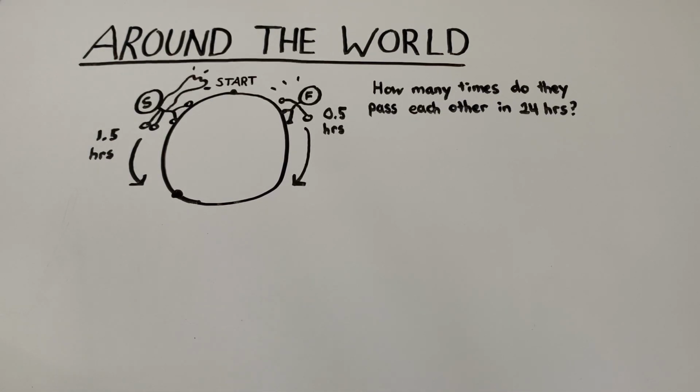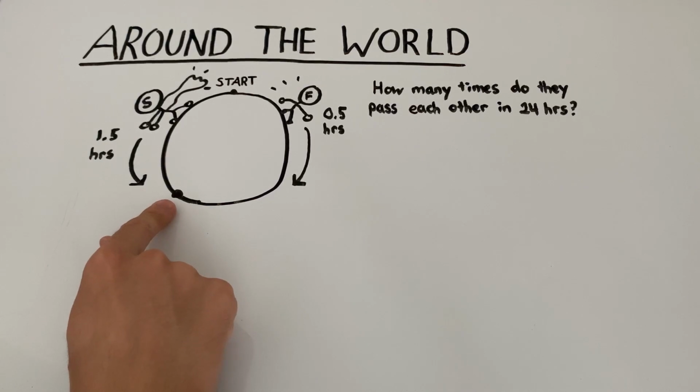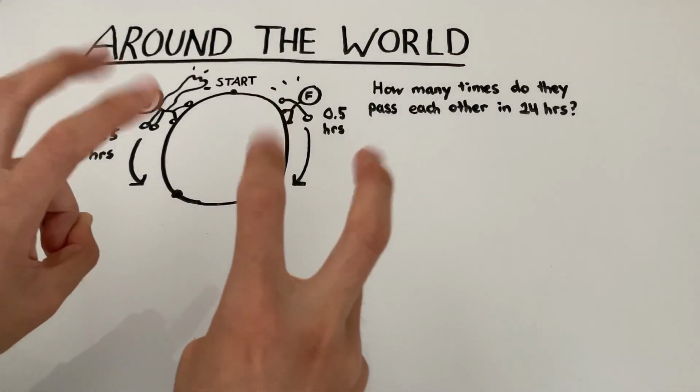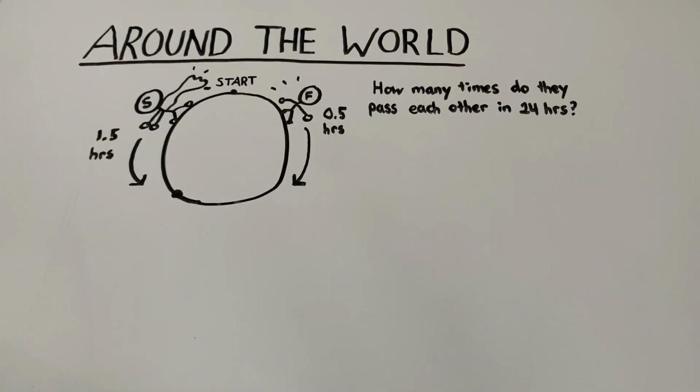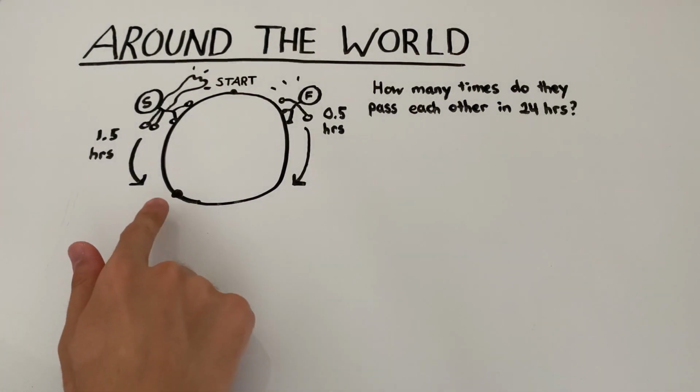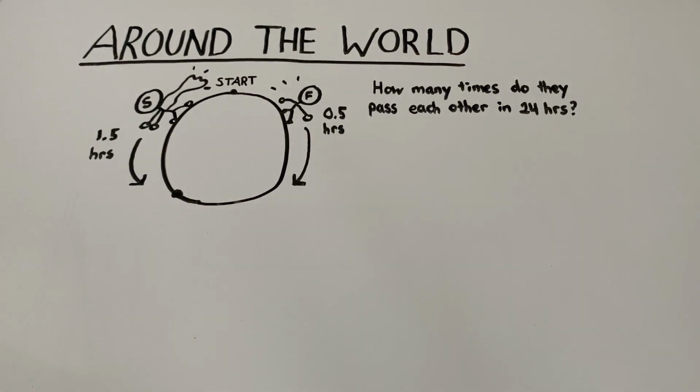Then we essentially have the same problem all over again, because this can now be viewed as the new starting point. Superman and Flash are still going at their same rates, and then they're going to meet again at a different point. So it's really important for us to find out where this first meeting point is.